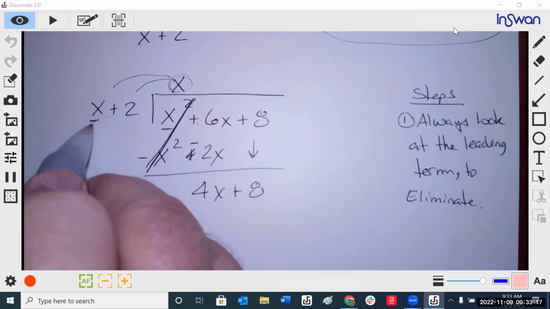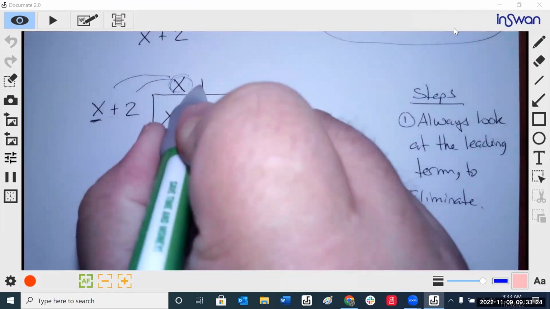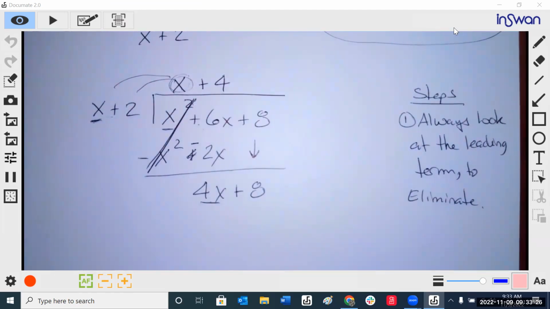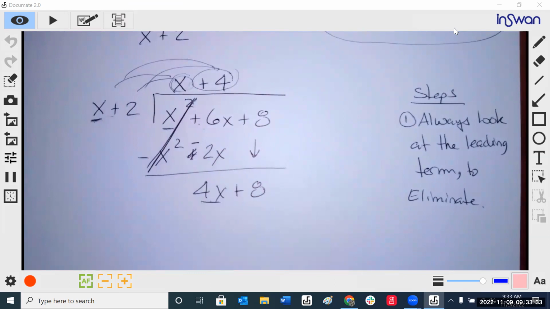Repeat the process. Look at the leading terms. What times x gives me 4x? A positive 4. So this number here, I multiply it to both of those. 4 times x is 4x.